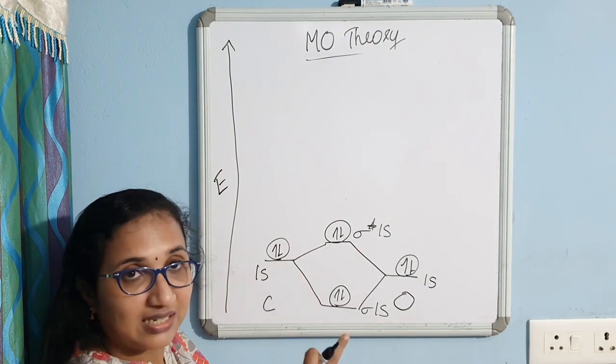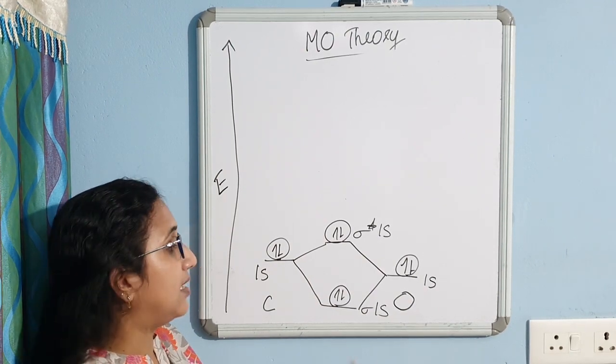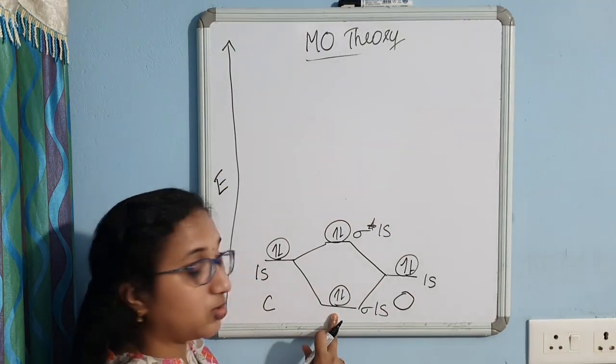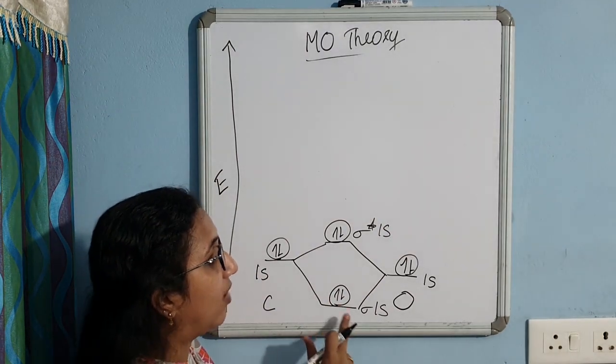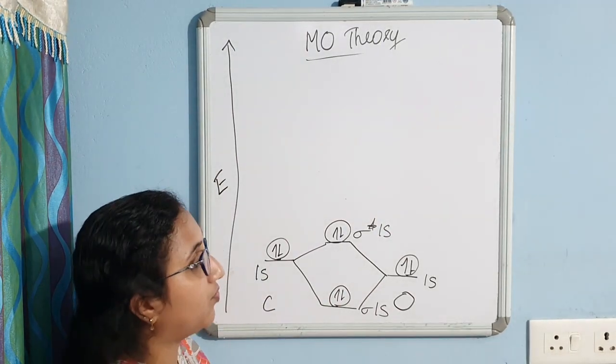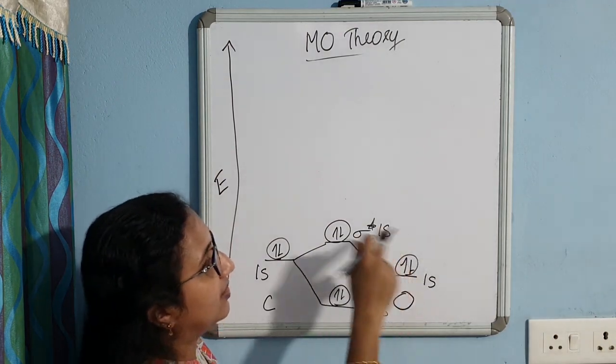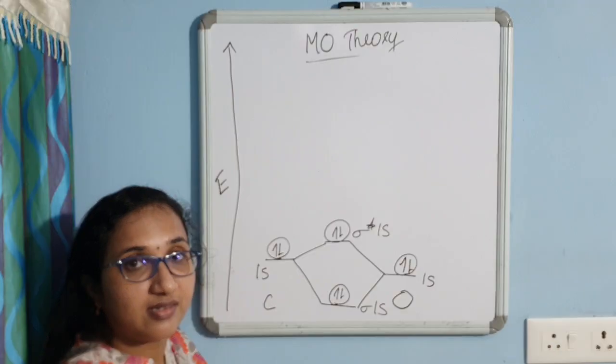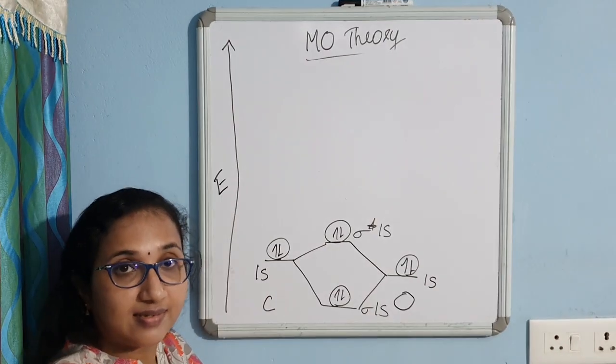In other words, the electrons present in the bonding orbital have more characteristics of oxygen, while the electrons in the anti-bonding orbitals have more characteristics of carbon. So that is the difference.